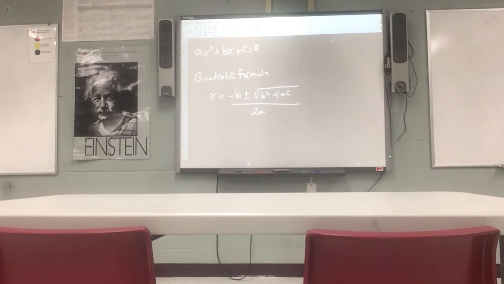I got a video of me sitting there playing it on the guitar, singing it over and over. It's like I'm on a loop. I'll show you so you can get the tune in your head, and then we'll sing it with the ukulele. Just Pop Goes the Weasel: x equals negative b plus or minus the square root of b squared minus 4ac all over 2a. All right, let's see the video.